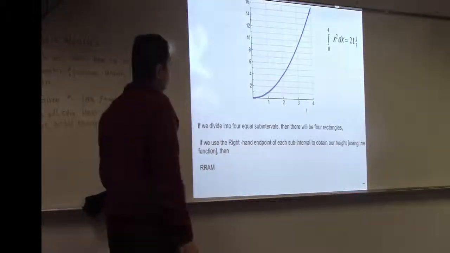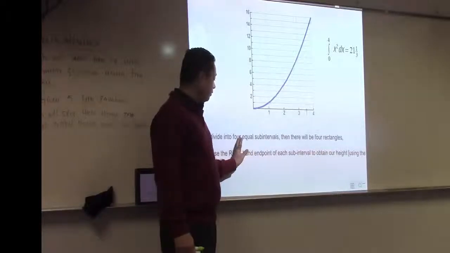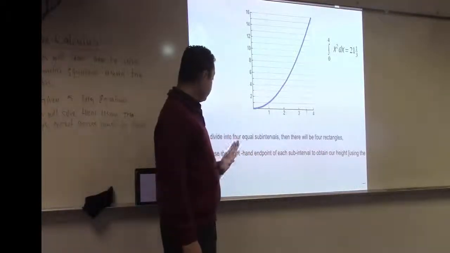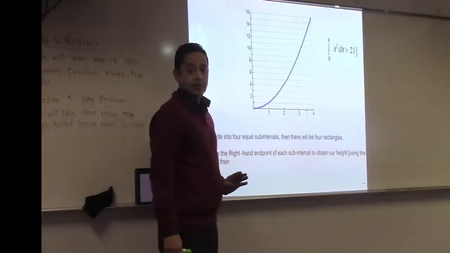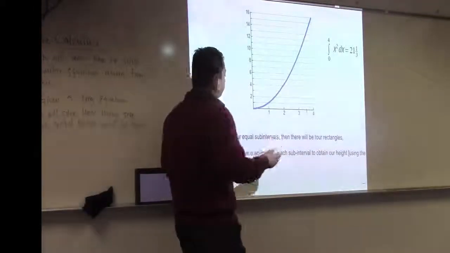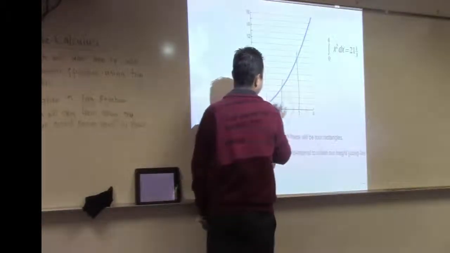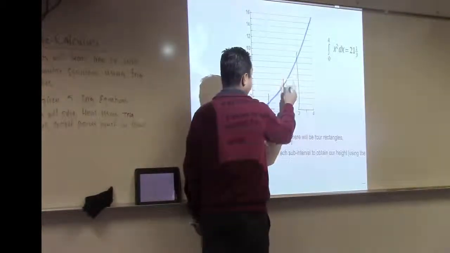All right. They want us to cut this interval in 4 pieces using the right hand, the right hand basically being the RRAM. Okay. So here we go. 1, 2, 3, 4. There's my 4 pieces.